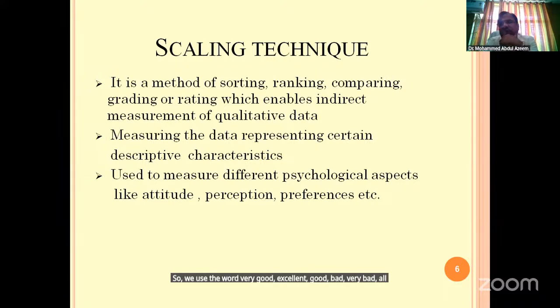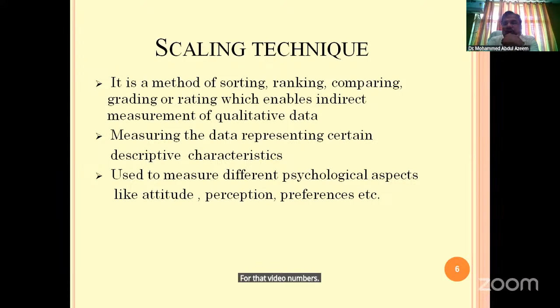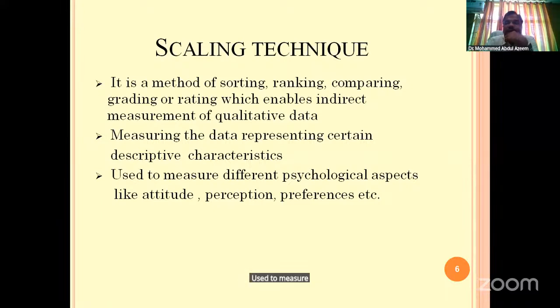All these are qualitative data. For that we give numbers 5, 4, 3, 2, 1 or +3, +2, 0, -2, -3, all these things. So this is measuring the data depending on certain descriptive characteristics. Descriptive characteristics are this only, very good, good, bad, all these things. It is used to measure different psychological aspects like attitude, perception, preferences, which I have shown you.